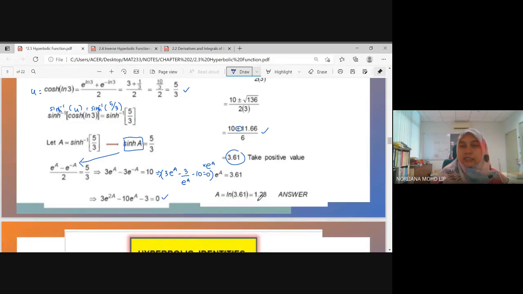Okay, then A is equal to 1.28. Take a ln lah. Cara dia.